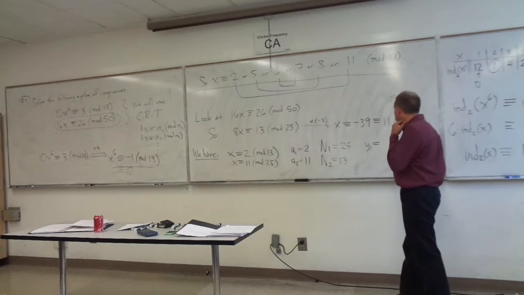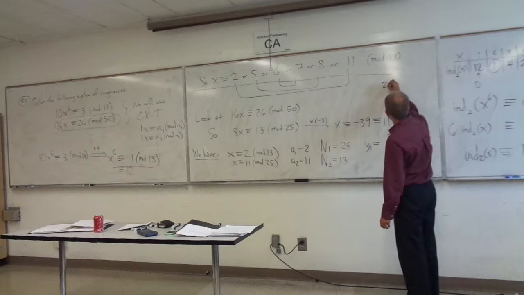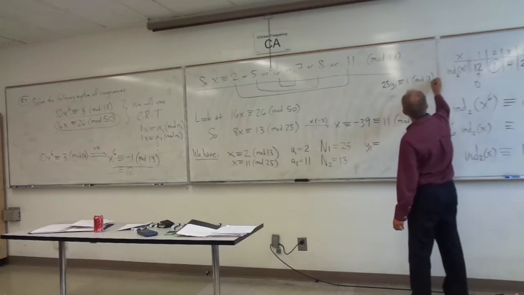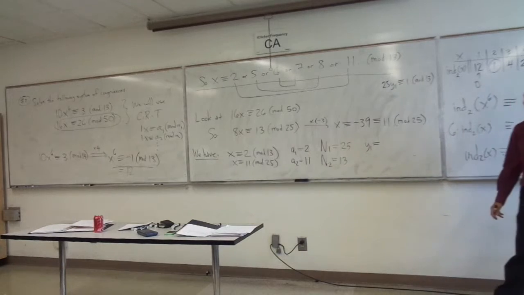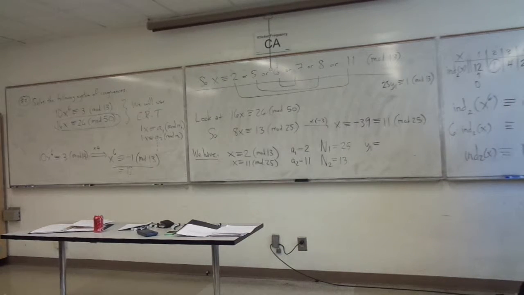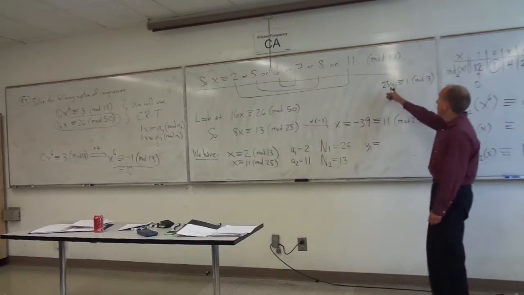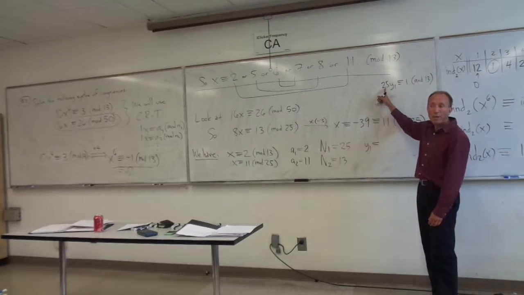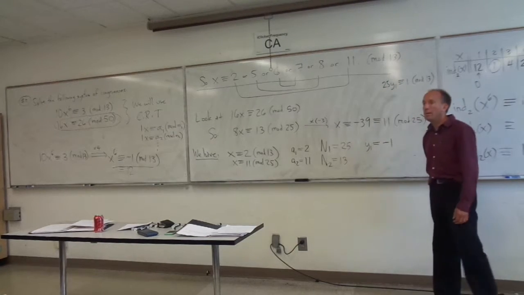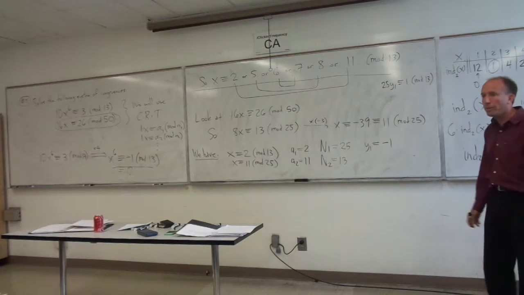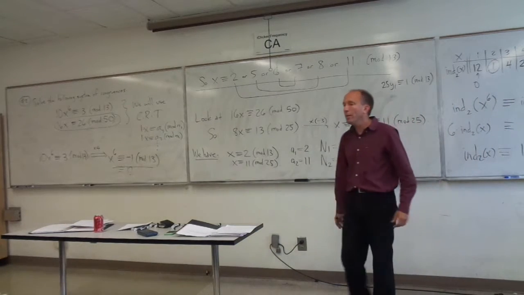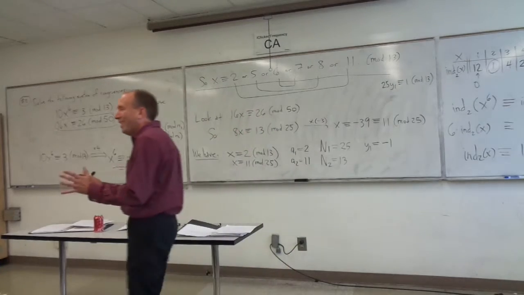So in other words, we have to have 25 y1 congruent to 1 mod 13. So can somebody tell me what y1 could equal? Yeah, 25 is the same as negative 1, right? So if I multiply it by negative 1, I get 1. So that's perfectly good. You don't have to count.